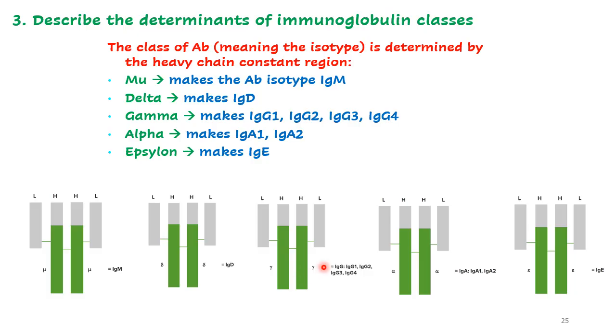When you get to the gamma, you can have different types of IgGs, at least 5 different types, but they all get put into the same bucket of IgG. When you look at the alpha, you can have 3 types of IgAs. Then the epsilon is only 1 type.